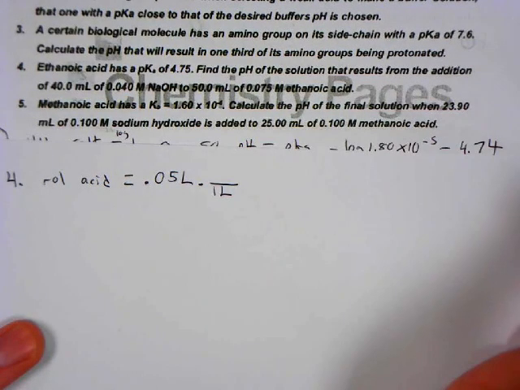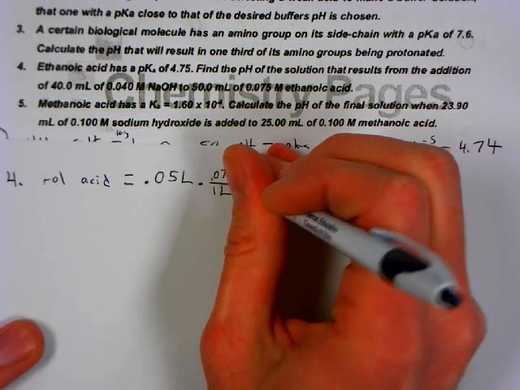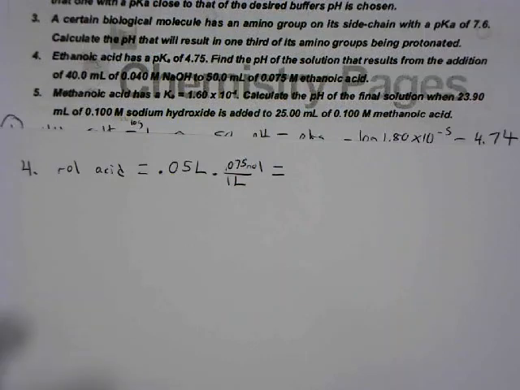Why do we need moles when we have molarity? I've got 0.05 liters. Agreed? You need moles. Times, if I use the molarity, for every 1 liter, I have 0.075 moles. Why are we taking moles again? I have to know how many moles I'm starting out with. Doesn't rice use molarity?